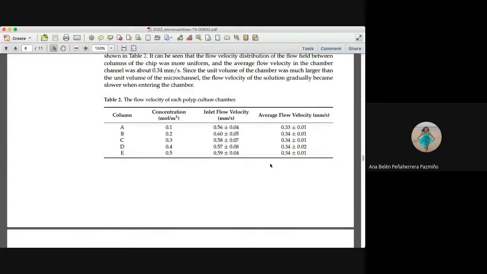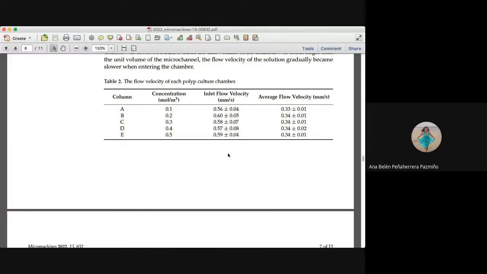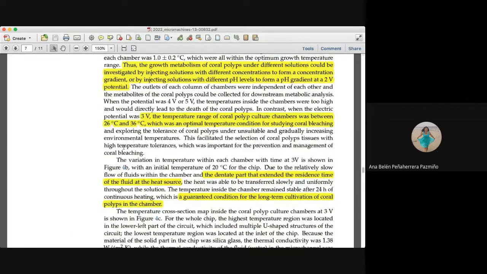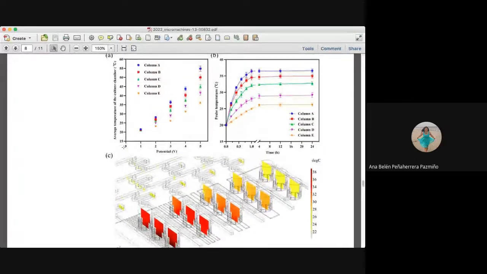So it increases the time of residence there. They also measure the flow velocity at each column, and here we see how they found the best range of temperature to work with.